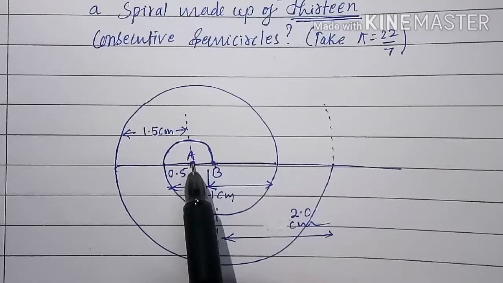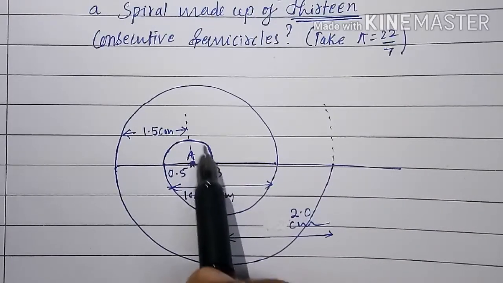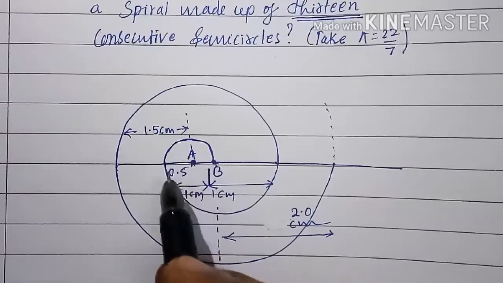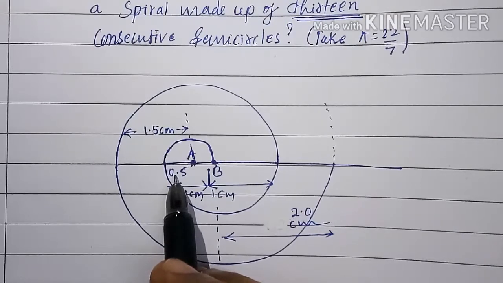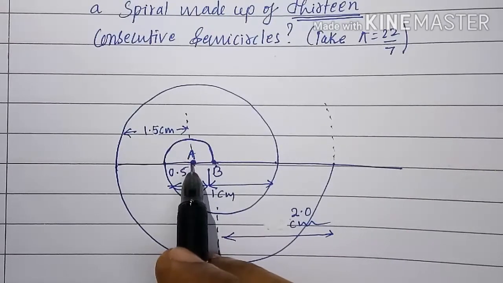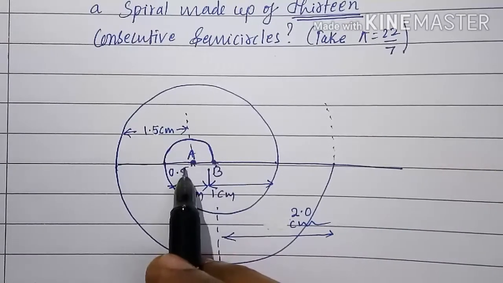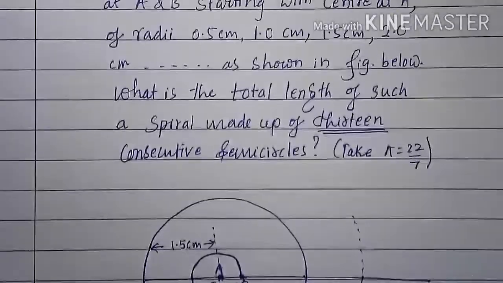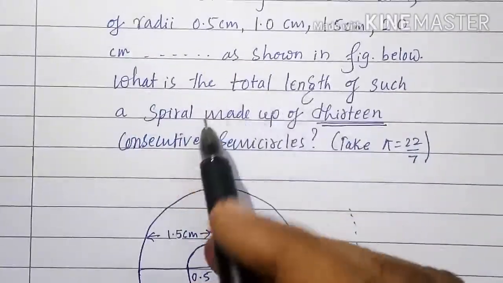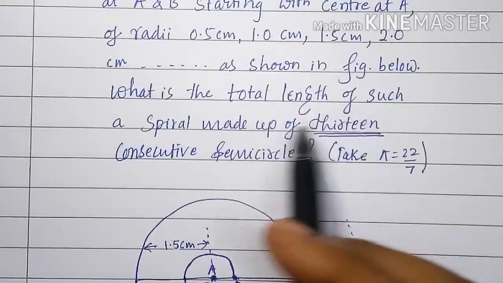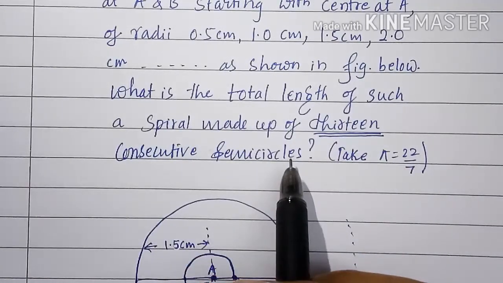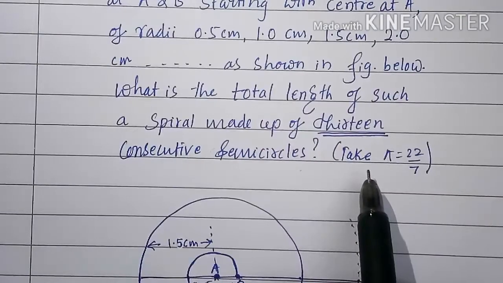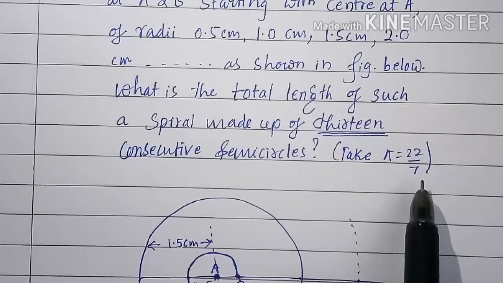In this figure, points A and B become the centers of semicircles alternately, and the radius of the semicircle increases by 0.5 centimeter when the center shifts from A to B and B to A. What is the total length of such a spiral made up of 13 consecutive semicircles? Take pi equal to 22 by 7.